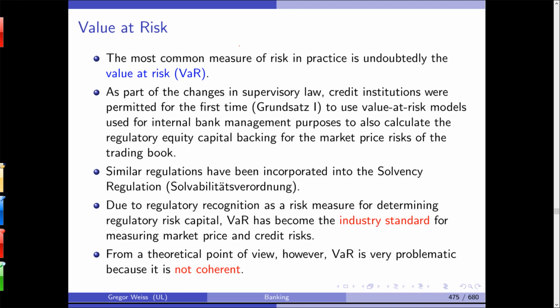And I'll give you a little bit of historical context. What happened was, back in the 90s, I think JP Morgan came up with a product they called CreditMetrics. It was a computer program with which you could estimate some metrics for your credit portfolio, just like the name suggests.